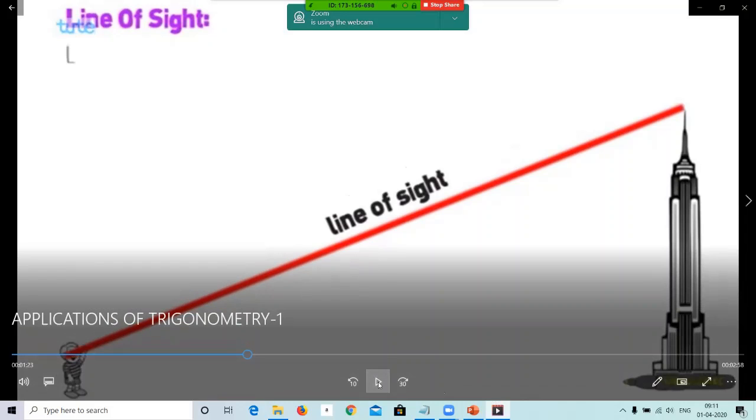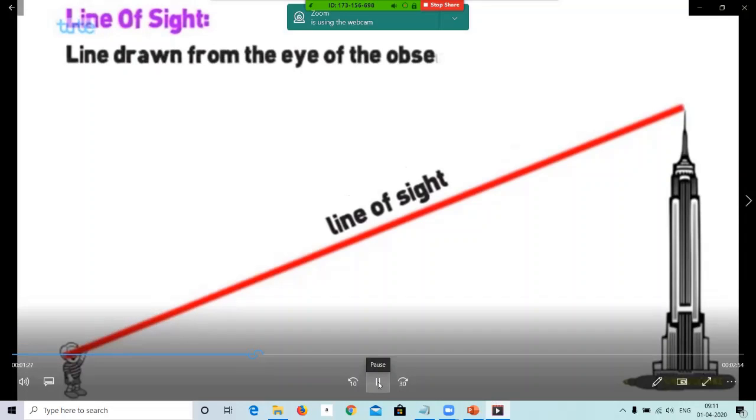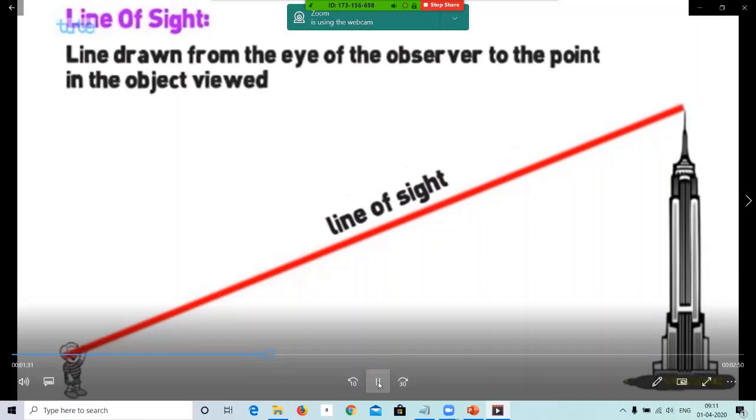Are you all clear about this? Yes, ma'am. Now, as soon as you answer me, then and there, mute yourself, please. The line drawn from the eye of the observer to the point in the object viewed by the observer is called line of sight.